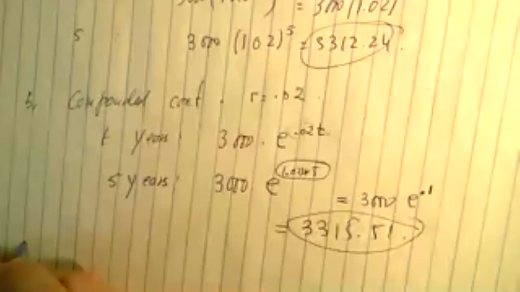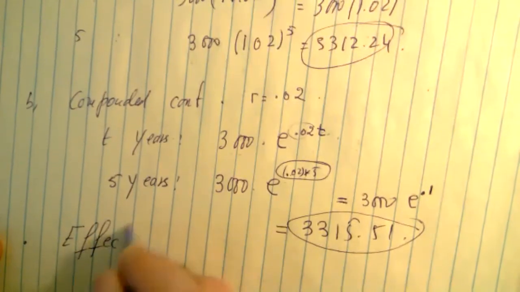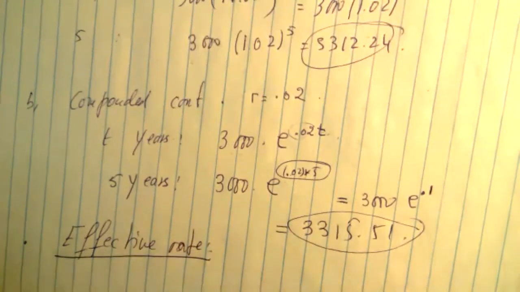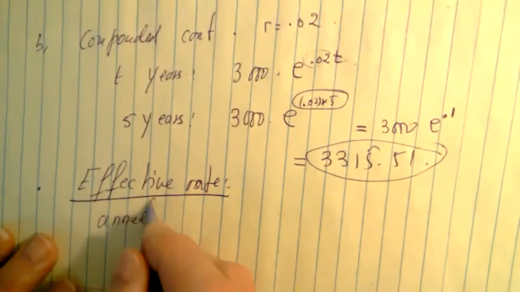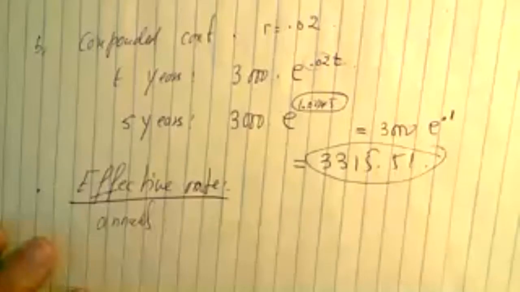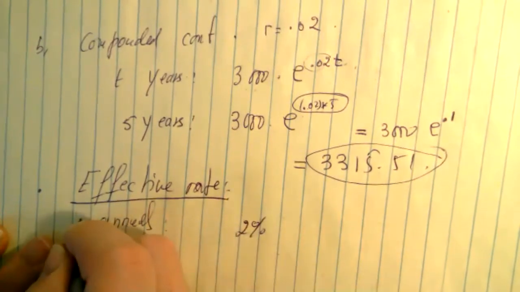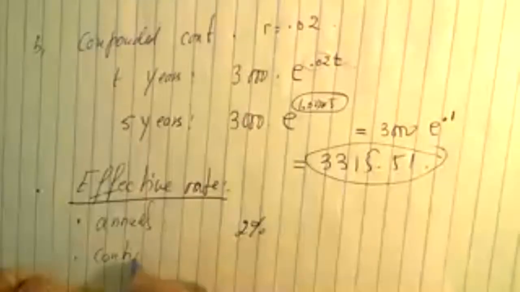Now, my last question is, find the effective rate in both scenarios. If it's compounded annually, there is nothing to do. Compounded annually, my effective rate is 2% because that's what I'm getting after 1 year. Now, it's compounded continuously.